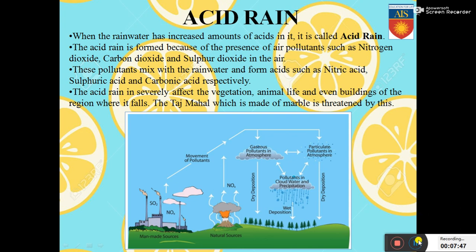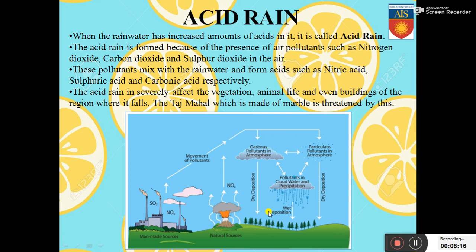This is a picture I have provided of acid rain, in which you can see that the factory is producing a large number of pollutants and the movement of pollutants is taking place in the air. Natural sources are also giving rise to a lot of pollutants, and these gaseous pollutants in the atmosphere are mixing with the cloud water and precipitating.